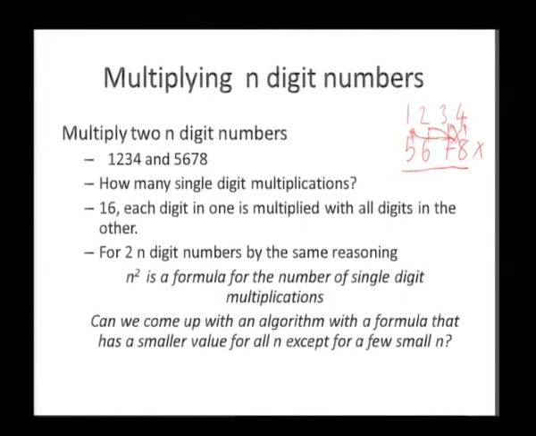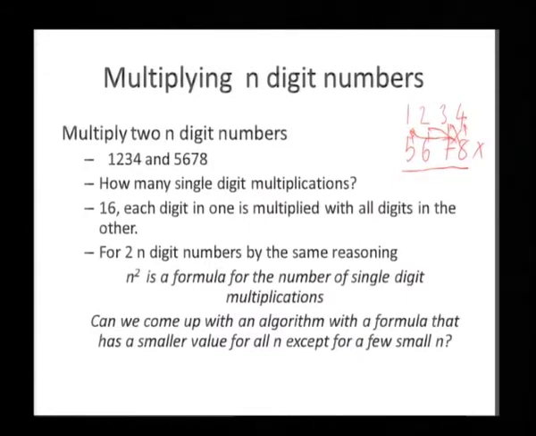The question now is, can we come up with an algorithm which uses a lesser number of single digit multiplication operations? Let us pose this question very clearly, as written at the end of the slide.